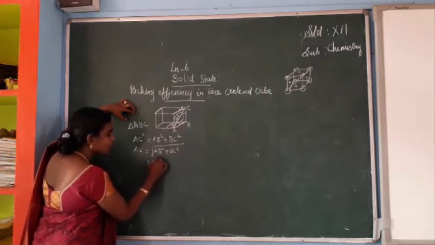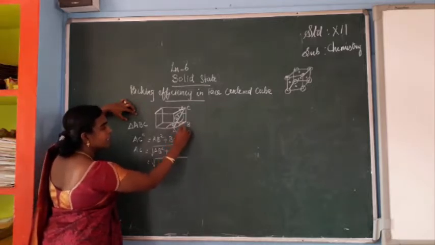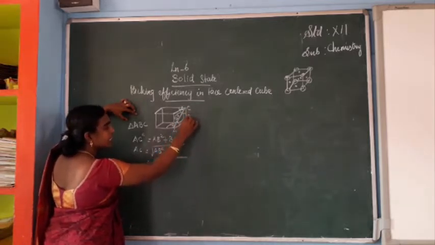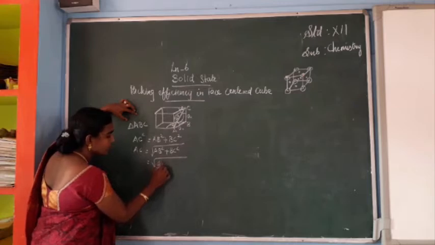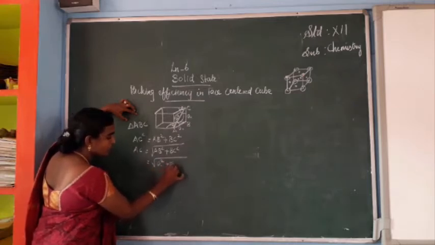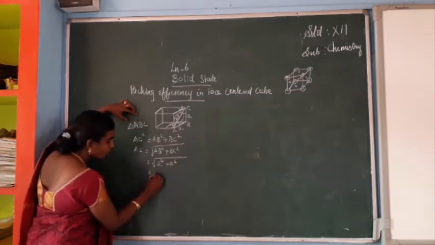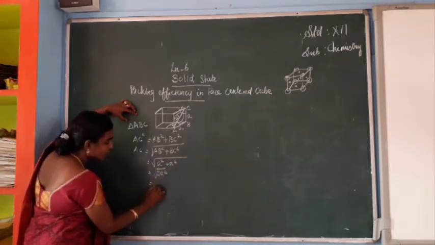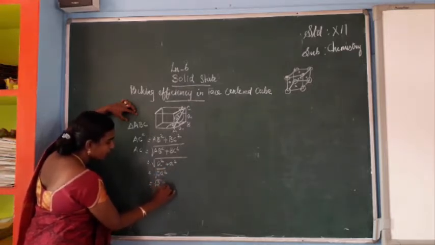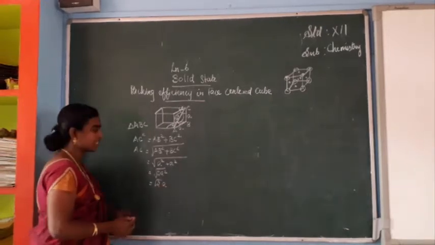AB edge length is A and BC length also A, which is square root of A square plus A square, equal to square root of 2A square, equal to root 2A.